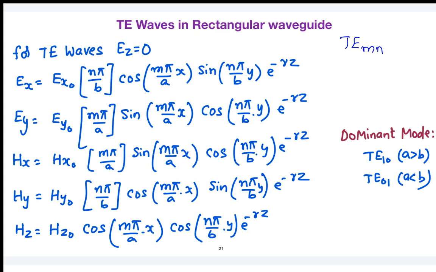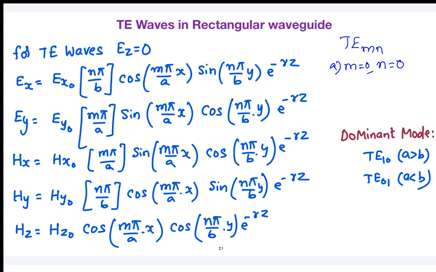First case, suppose I take m equal to 0 and n equal to 0, does it have any meaning? I told you in the last class, both cannot be 0 at the same time, because that means there is no electric field in the x direction and no electric field in the y direction.